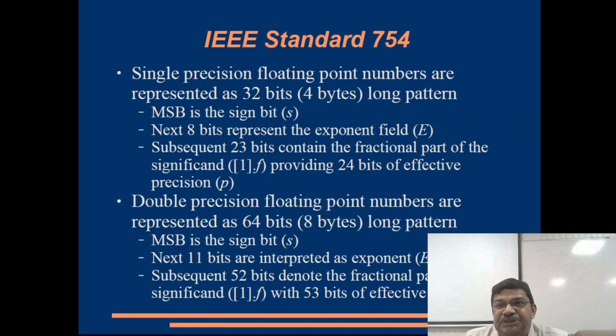Remaining 23 bits represent the fractional part of the significand. Please keep in mind, one whole part is always there. It is assumed to be there always. So the number is essentially 1 point, whatever is the fractional part stored in 23 bits, plus or minus depending on whatever is the sign, multiplied by 2 raised to the power exponent field, whatever is the exponent.